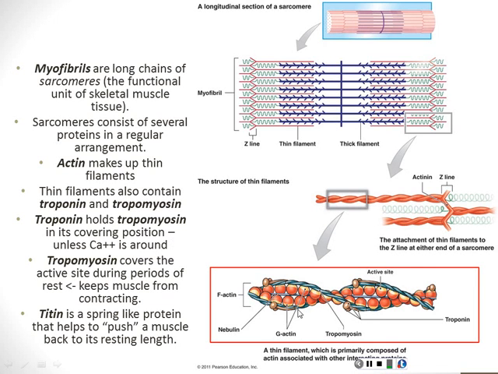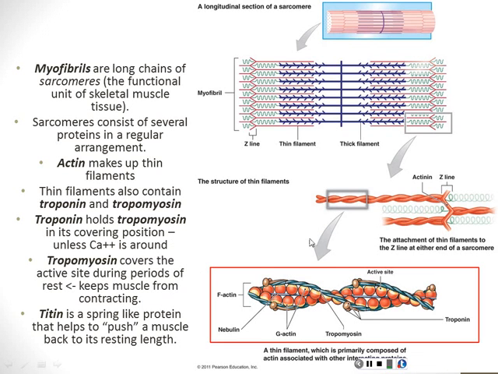So tropomyosin is also thread-like, and it binds to troponin, and troponin holds it in just the right position to block the active sites on actin. So when there's no calcium around, troponin holds tropomyosin over the active sites on actin, and it prevents muscle contraction.